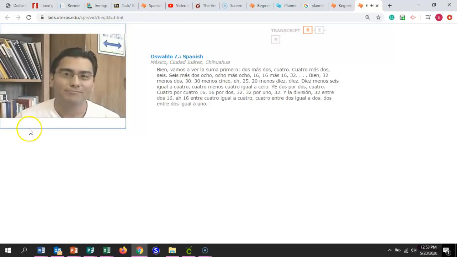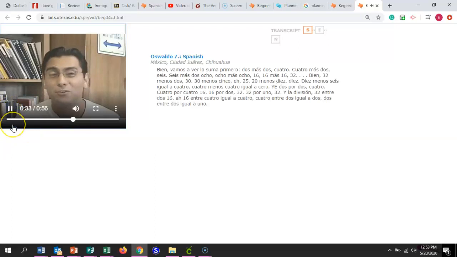Y 4 menos 4 igual a 0. Y multiplicación 2 por 2, 4. 4 por 4, 16. 16 por 2, 32. 32 por 1, 32. Y la división, 32 entre 2, 16. 16 entre 4 igual a 4. 4 entre 2 igual a 2, 2 entre 2 igual a 1.